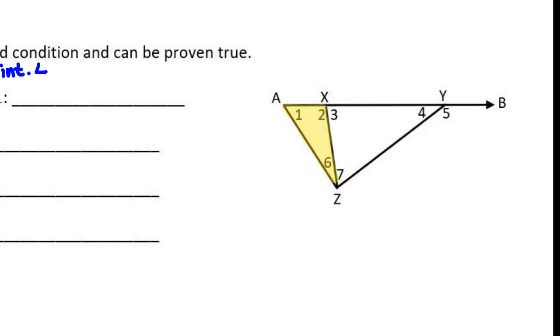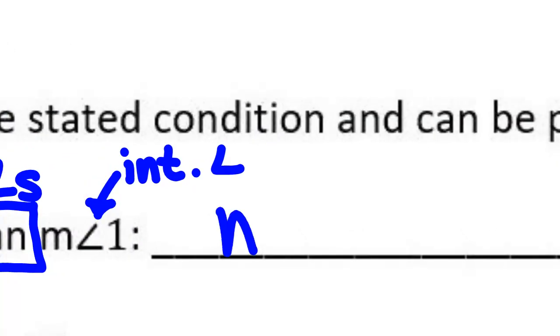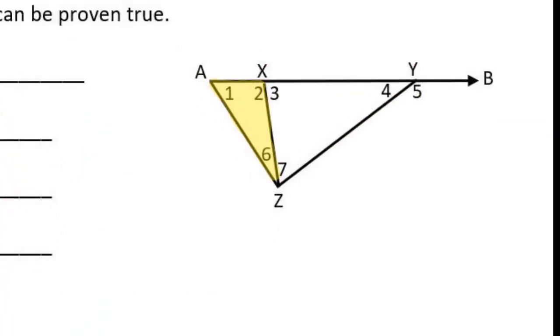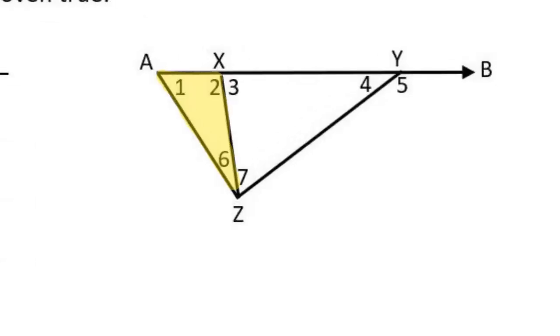What is an angle that is exterior to this yellow triangle? 3. Angle 3. So the measurement of angle 3 is greater than the measurement of angle 1. I can't do angle 7, unfortunately, because an exterior angle is formed by a side of a triangle being extended like this or like this.